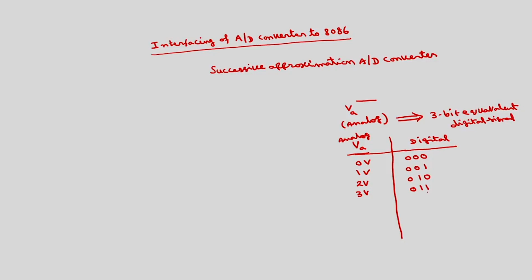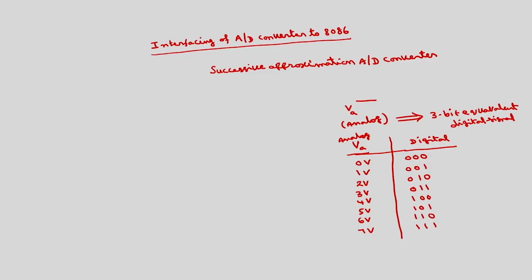This is basically the binary equivalent of this decimal value. 4 volts, 1 0 0, 5 volts, 1 0 1, 6 volts, 1 1 0, 7 volts, 1 1 1.